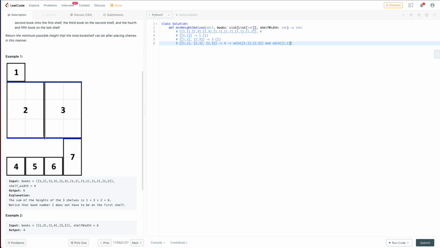I guess if 3 had maximum height, then we need to consider if 2 is the minimum height, then we don't want to put it down.